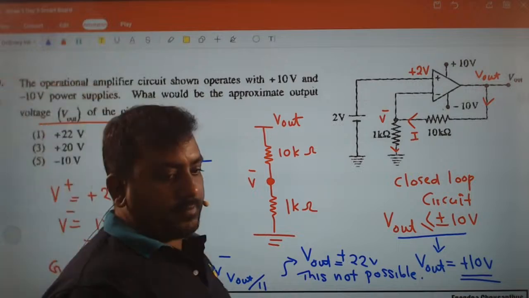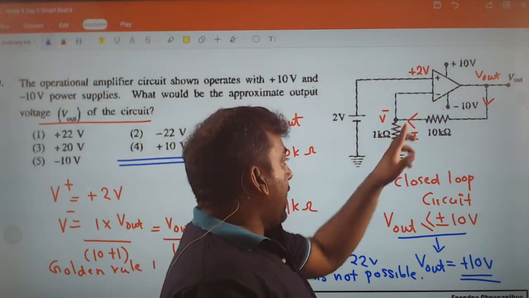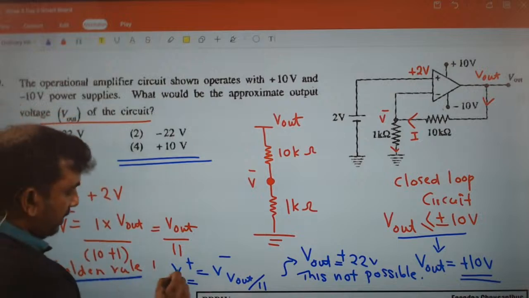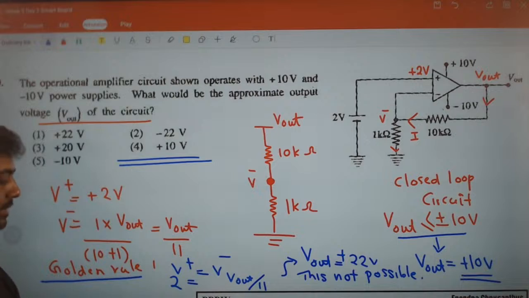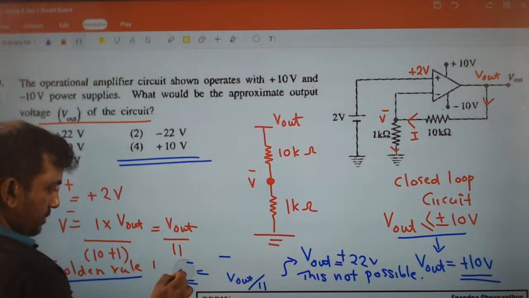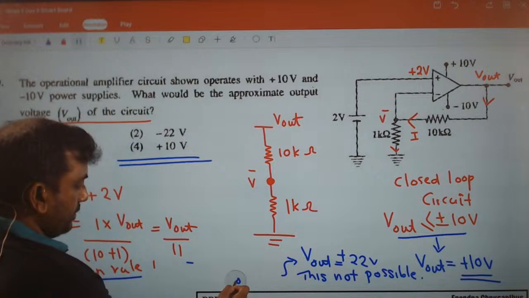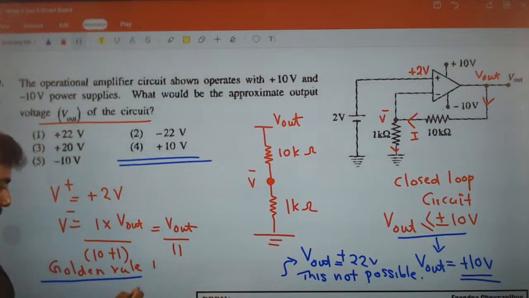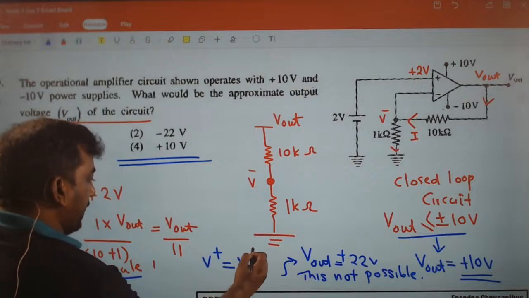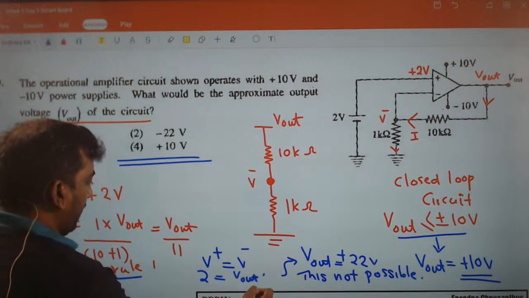Again, look. V plus is 2 volts. V minus I found by potential divider. Golden rule number 1: V plus equals V minus. That means 2 volts equals V output over 11.